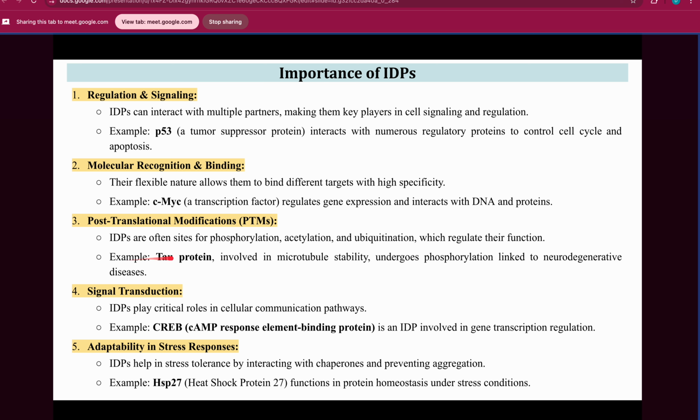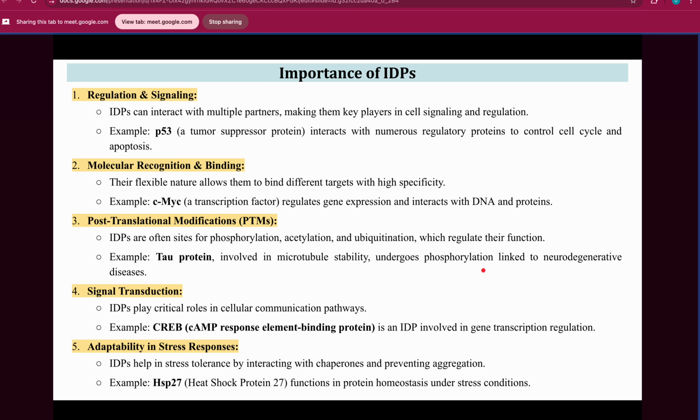The next feature is post-translational modifications. These IDPs are also the site for phosphorylation, acetylation, and ubiquitination, which regulate their function. So they allow for these modifications, and these modifications can further decide what function a protein will perform. An example is tau protein, which is involved in microtubule stability.